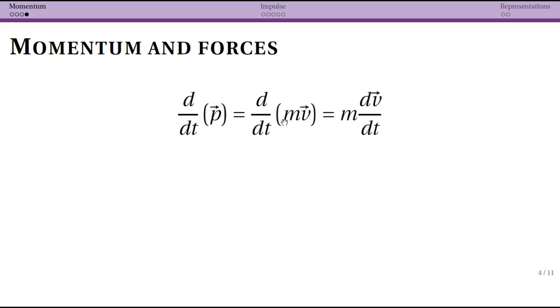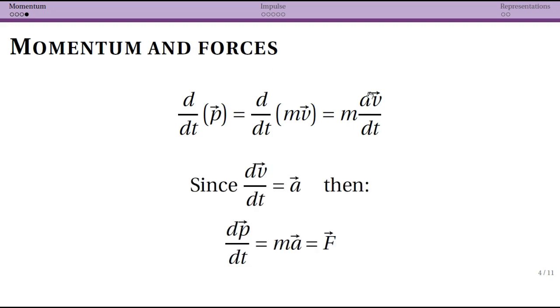Now, if mass is constant, then we can just distribute the time derivative and say that the mass is a constant up front, and we're left with the derivative of velocity with respect to time. Note that there are situations where the mass is going to be changing in time, but let's just start with this simple case. So then, we remember that the time derivative of velocity is just the definition of acceleration.